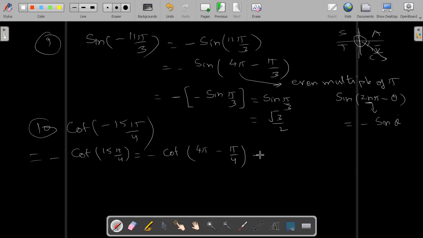Again it is in the fourth quadrant, so this will become minus, and again minus minus cot pi by 4, and the negative will become positive. So cot 45 degrees is 1, tan is also 1. So the answer is 1.